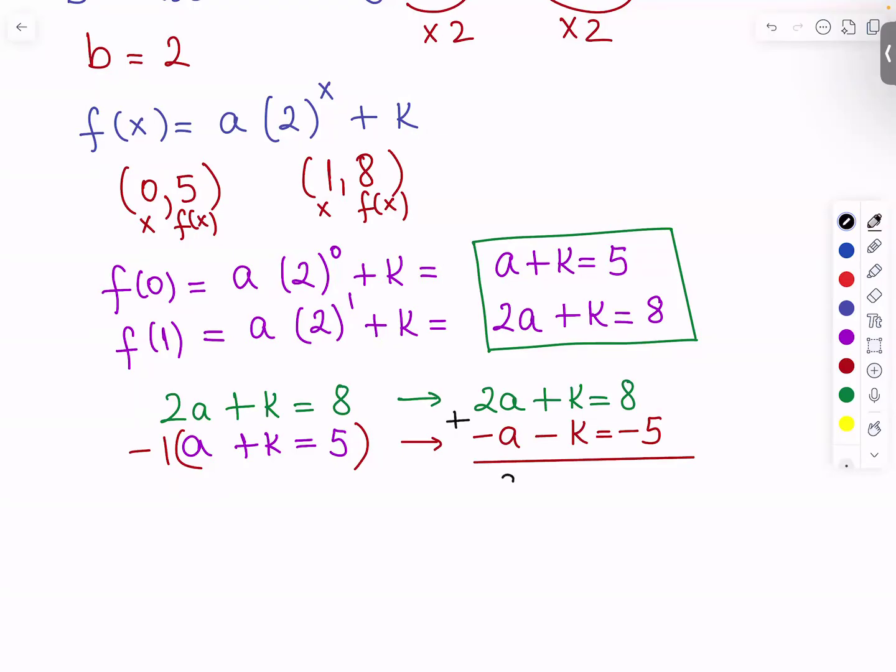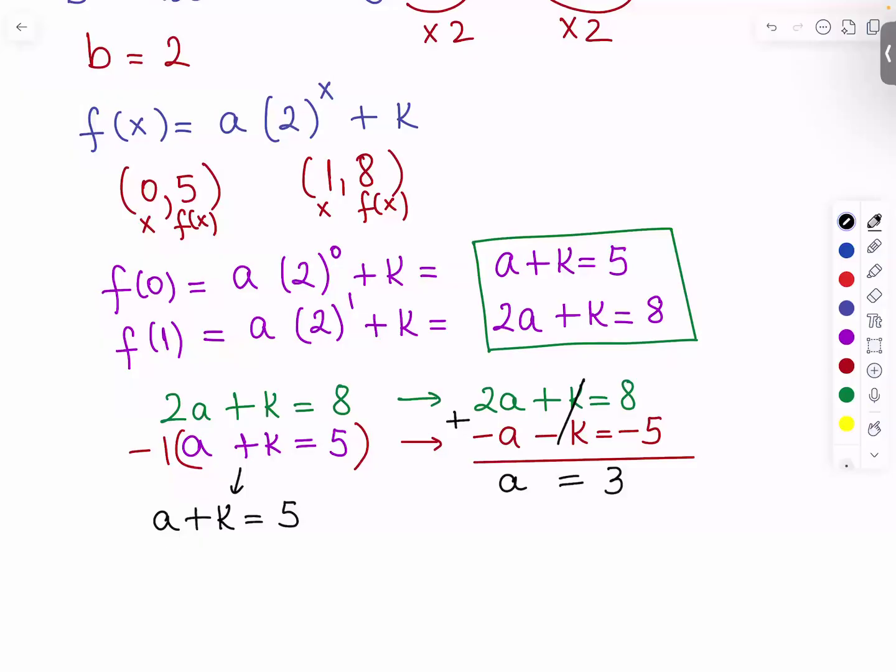2a minus a equals a. K minus k is 0. And 8 minus 5 is 3. So now we have our coefficient a. And you can use any of the previous equations to find k. So for example, a plus k is easy to choose, equals 5.